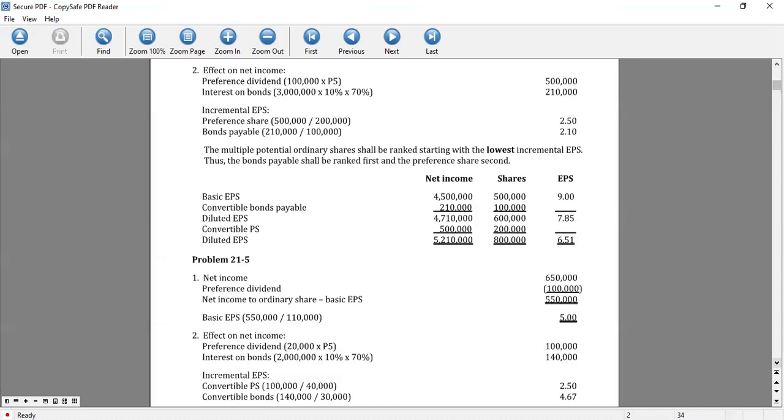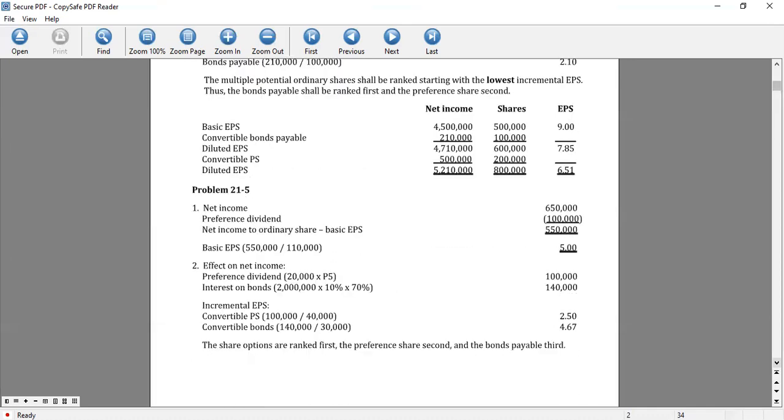Then we go to problem number 5. Required in problem number 5 are also the basic earnings per share and the diluted earnings per share.